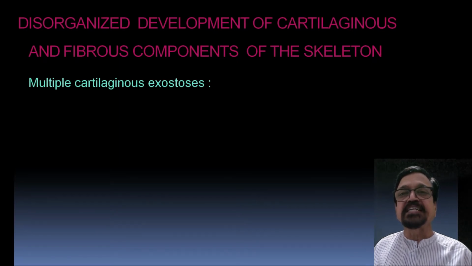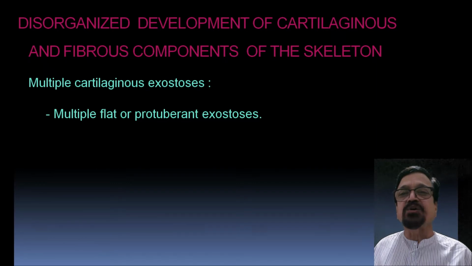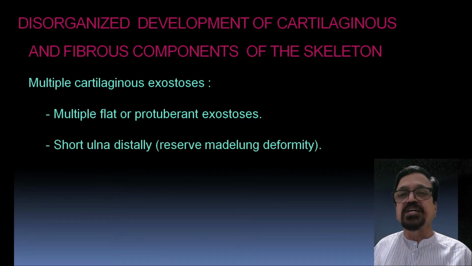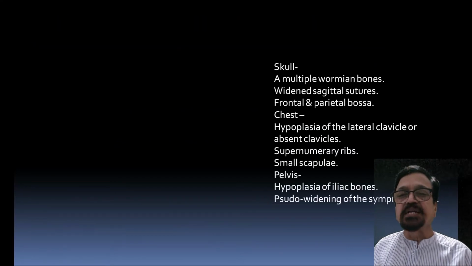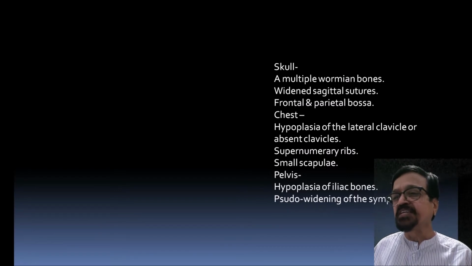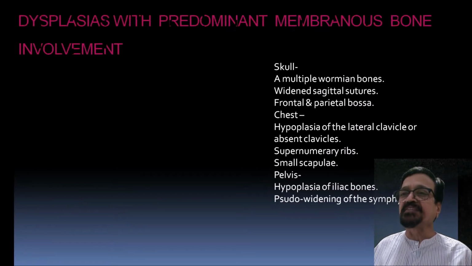Now, multiple cartilaginous exostoses, then multiple flat or protuberant exostoses, then a short ulna distally, that is Madelung deformity. Then what we see in the skull are multiple wormian bones, widened sagittal sutures, and frontal and parietal bossing. In the chest, we see hypoplasia of the lateral clavicle or absent clavicles, supernumerary ribs and small scapulae. In the pelvis, hypoplastic iliac bones and pseudo-widening of the symphysis.